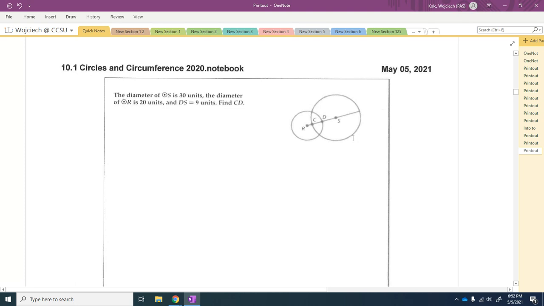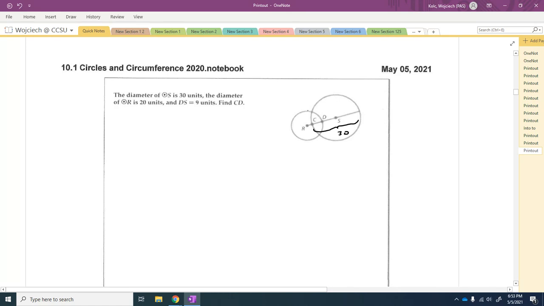All right, let's do one problem. The diameter of circle S is 30. So 30 is this length. Okay, and the diameter of circle R is 20 units. So circle R is this one.